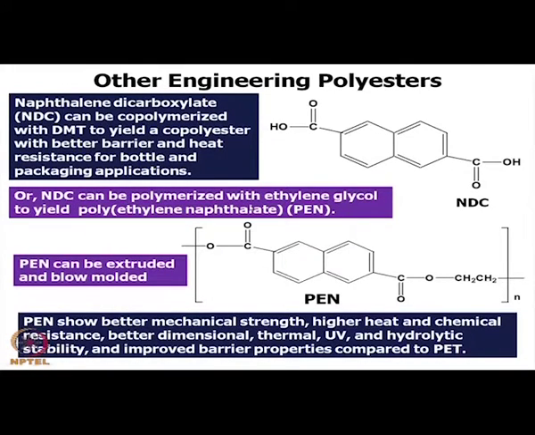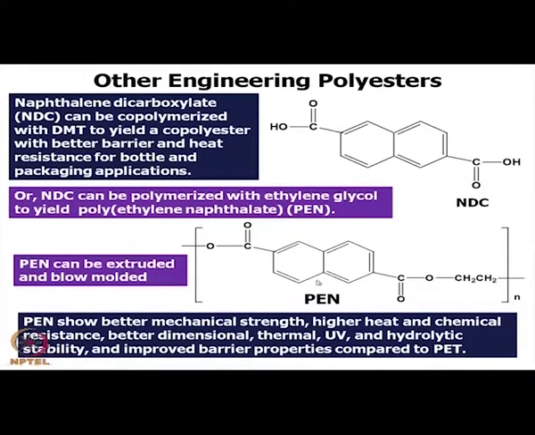Here naphthalene dicarboxylate instead of terephthalic acid can be reacted with ethylene glycol to form polyethylene naphthalate. This polyethylene naphthalate is a good polyester. This PEN can be extruded as well as blow molded for making bottles or hollow items.